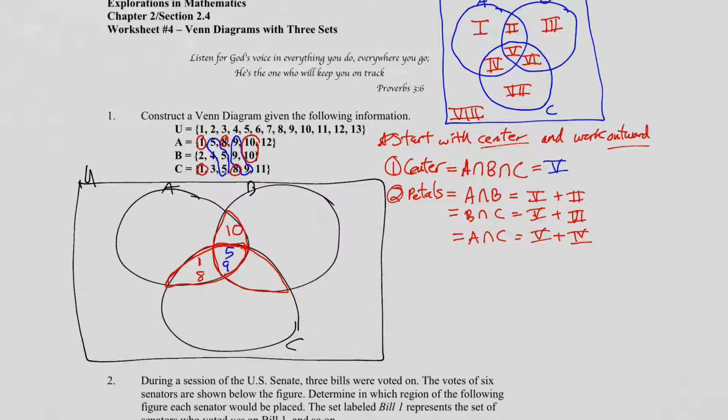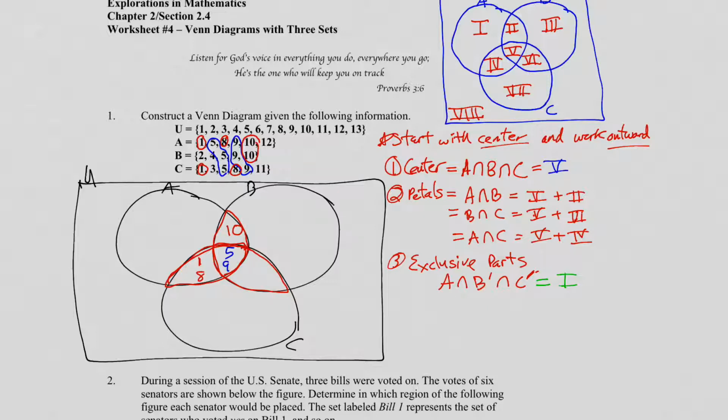Now we need to do the exclusive parts. In set notation, the exclusive parts will be what's only in A, but not in B or C, or B and C. Only in A, so that will be region 1.